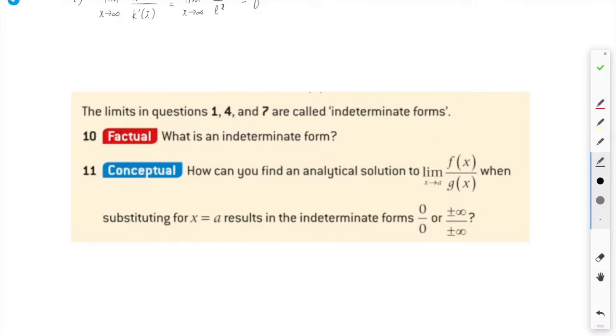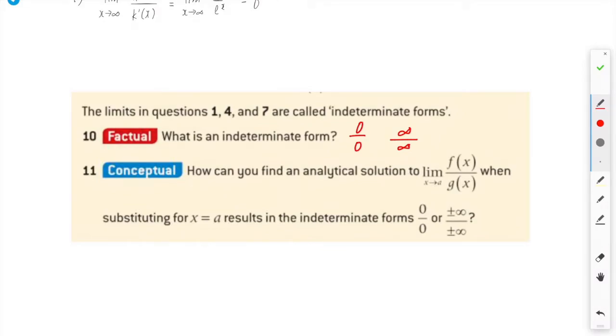From the investigation, we work on functions that take on indeterminate forms like 0 over 0 and infinity over infinity, so to speak. And what we notice is that by taking the limit of the derivatives of these functions, instead of f of x over g of x, we take the limit of f prime over g prime, we still arrive at the same result as what the graph shows us.